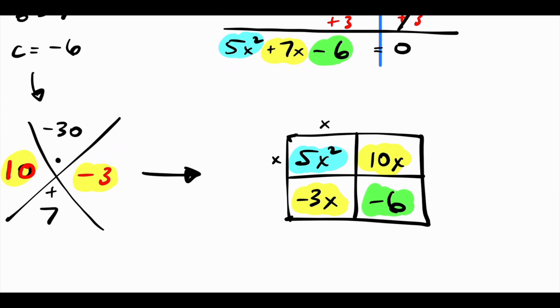So that means I need a 5 here or a 5 there. Not both, because that makes 25 now. So if I leave it up top, will that work? No, because it doesn't go into negative 3. So on the side, it's going to be needed on the side because it goes into positive 10. There we go. Positive 2 times and negative 3.